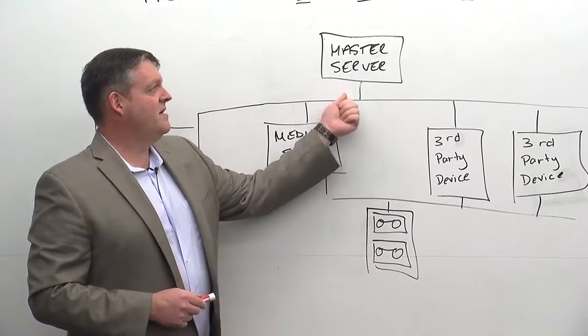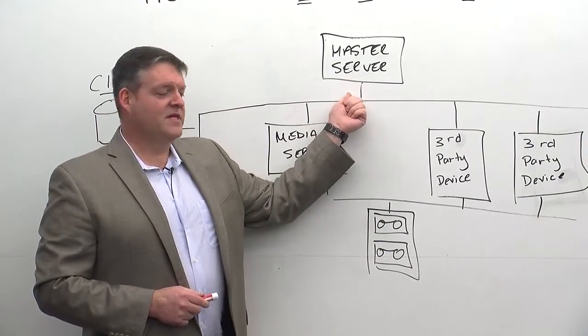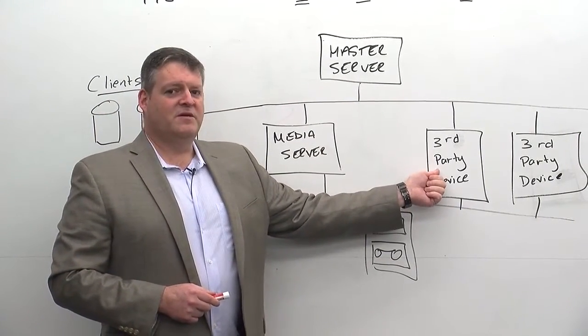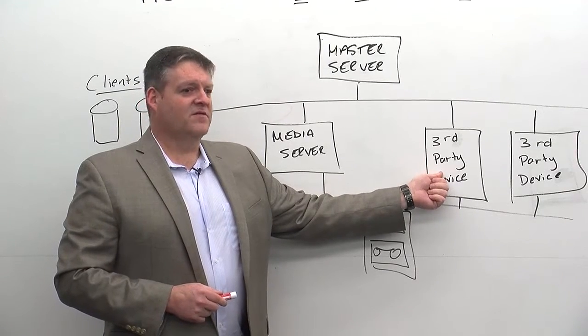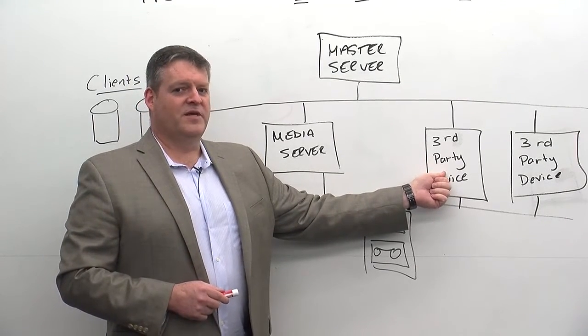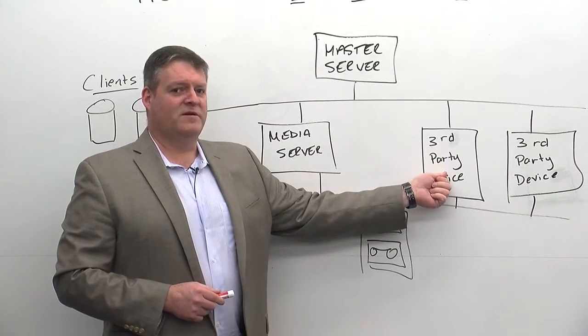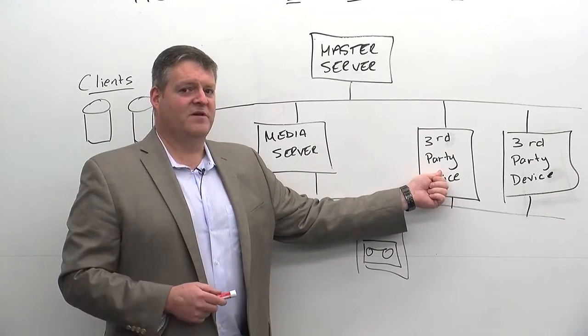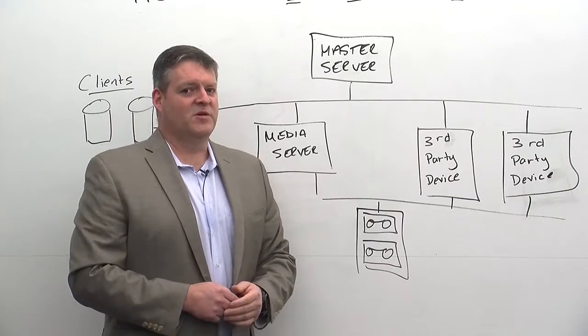The metadata sent back up to the master server to say your image has been written here and you can recover your important data from here would no longer be true. We would end up with a gap between where the image is, where we could pull it back from, and what the third-party device is doing with it.